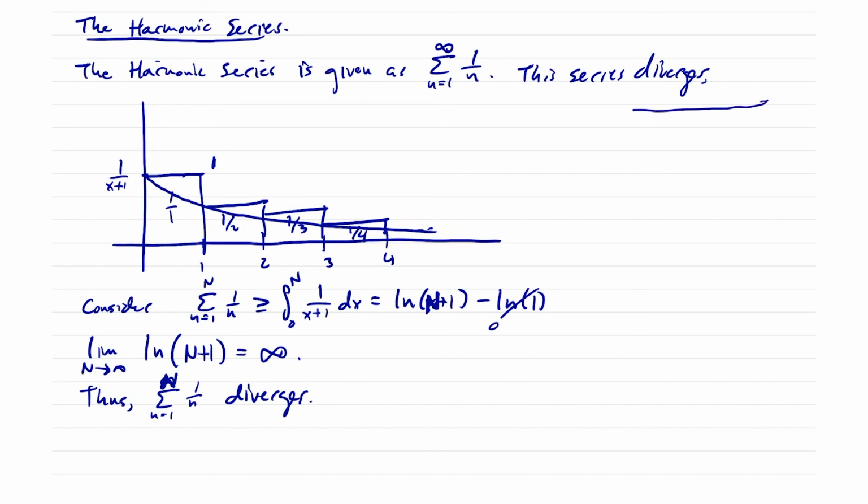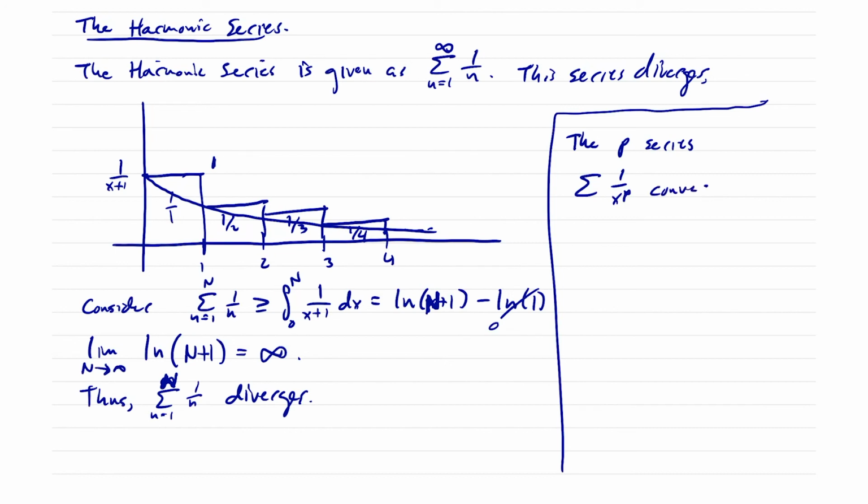And so one thing that we can say is that the power series, or not the power series, the p series, sum of 1 over x to the p converges, put n here, 1 over n to the p of n going from 1 to infinity converges when p is strictly bigger than 1.